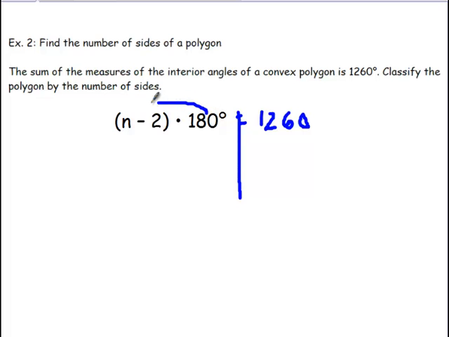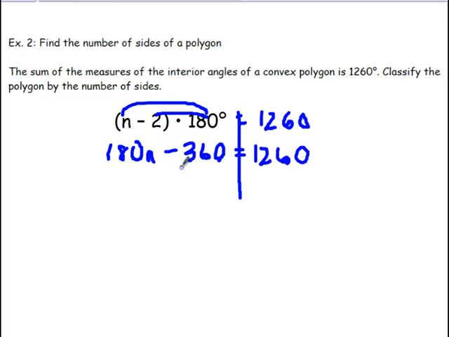I'm going to distribute, so I have 180 times n, which is 180n, and 180 times negative 2, which is negative 360. And that equals 1,260.